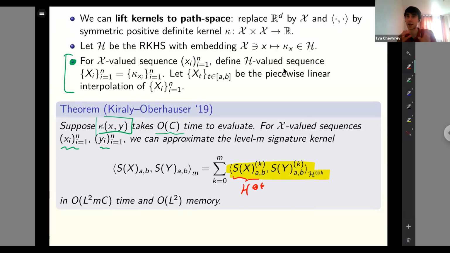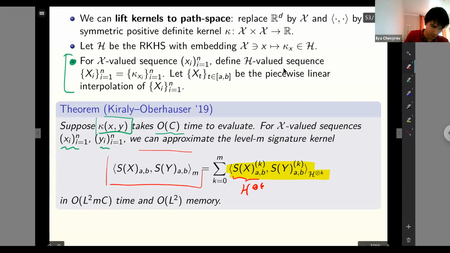If not, just think of this as the vector space spanned by words of length k in some orthonormal basis of h. This has a natural inner product structure, so you can take the inner product of these kth levels of the signatures. This is what I now call the signature kernel, which I previously called kappa m of x and y.